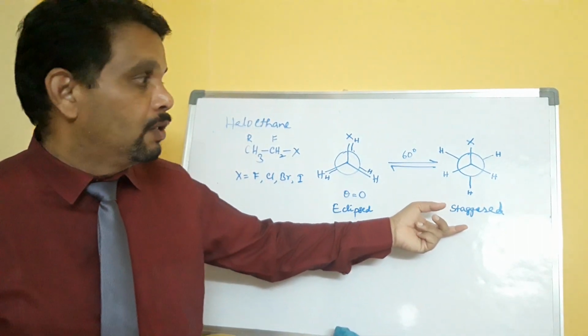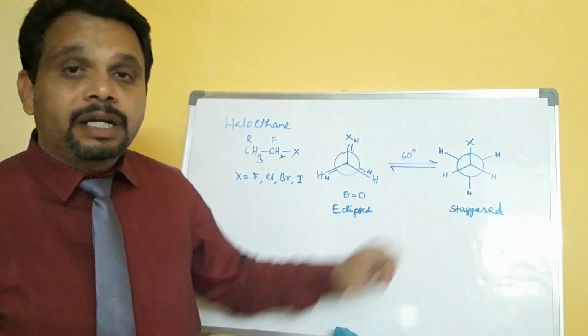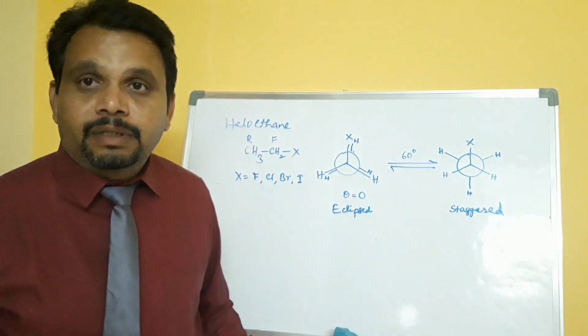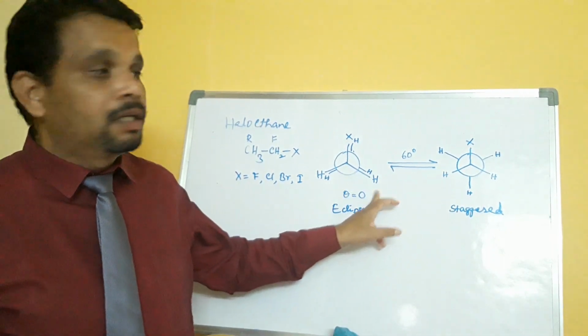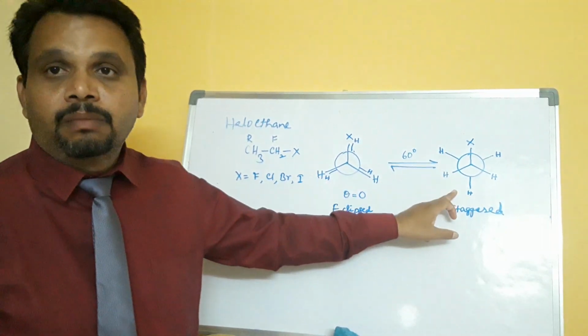So therefore the staggered conformer is more stable than the eclipsed conformer. It is more energetic, it is less stable; it is less energetic, it is more stable.